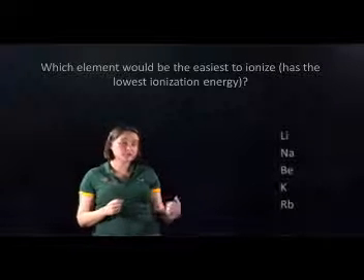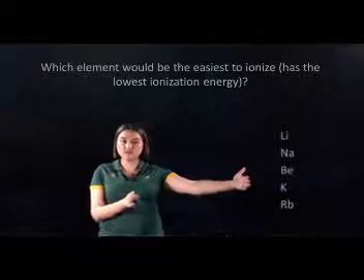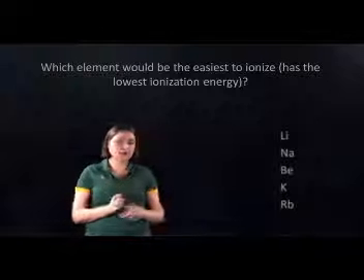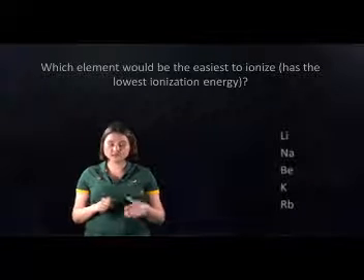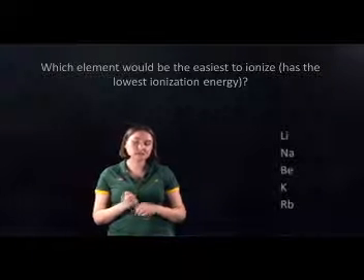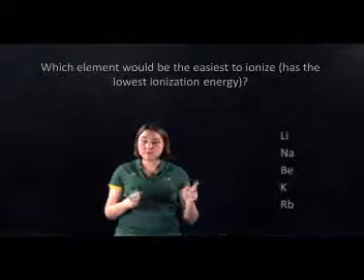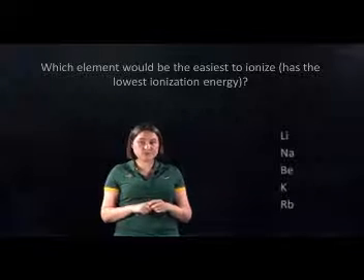So the biggest one down the periodic table and the one furthest to the left should be your correct answer. Another much easier way to say that would be the one closest to cesium is going to be the correct answer. Rubidium is the element on this list that is closest to cesium.